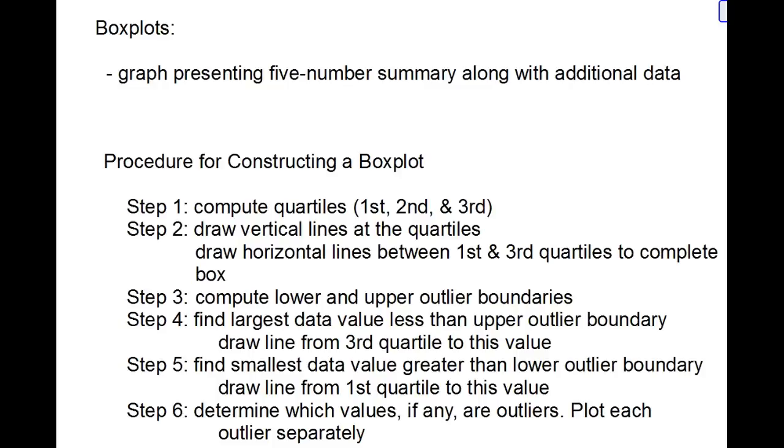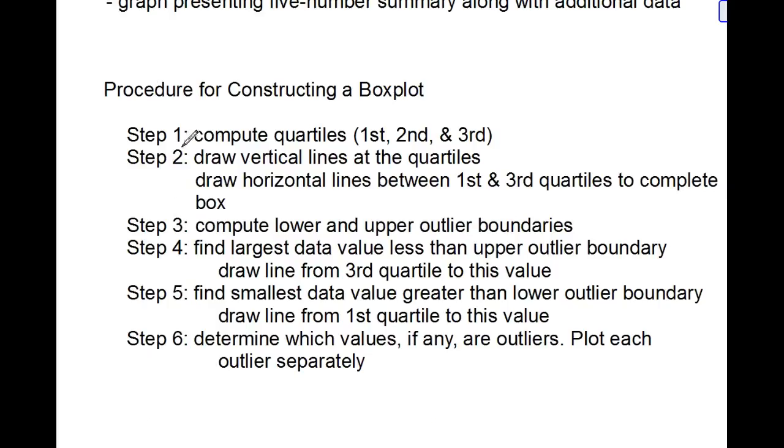One thing that we also want to do is be able to graph these things, especially our 5-number summary. On the graph of the 5-number summary, which is called a box plot, we also want to graph our outliers separately. And so a box plot is literally, we create a box using our first, second, and third quartiles.